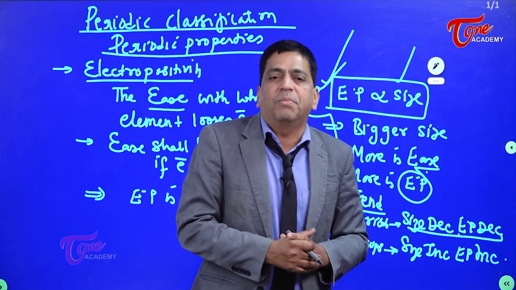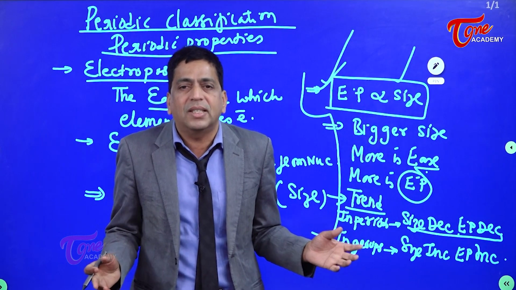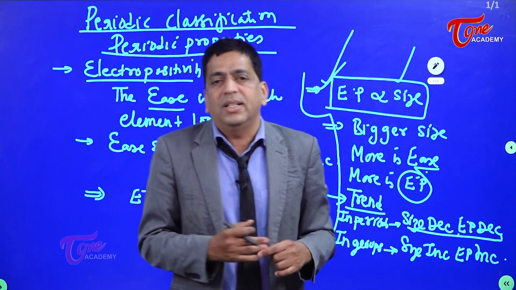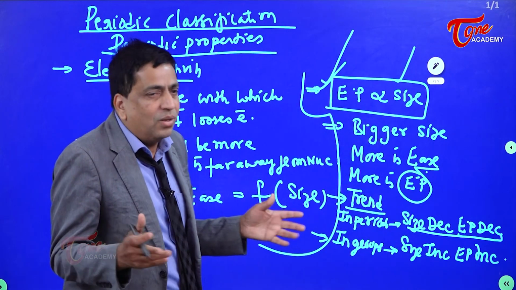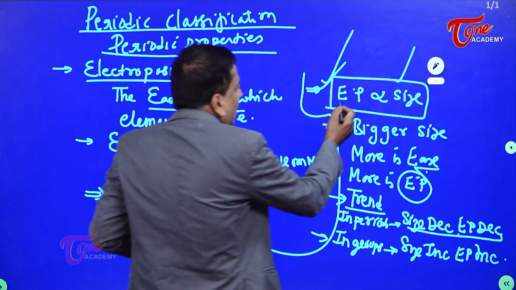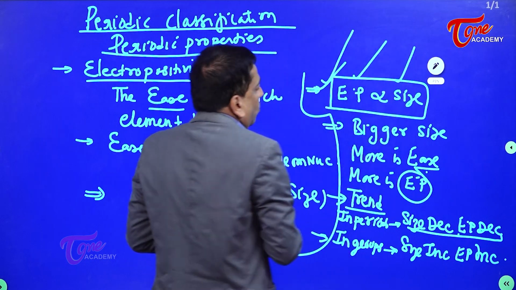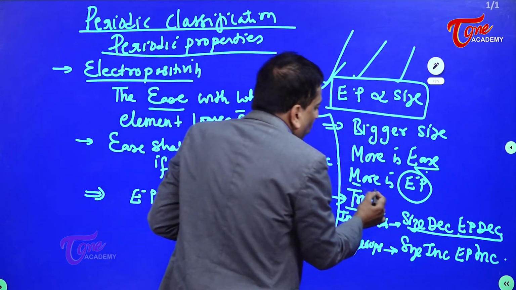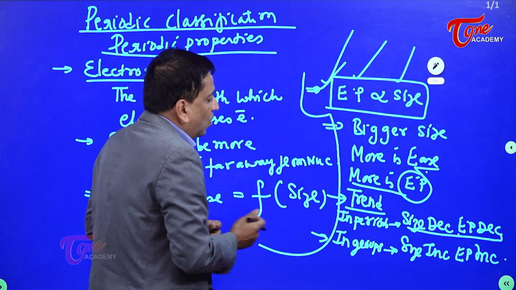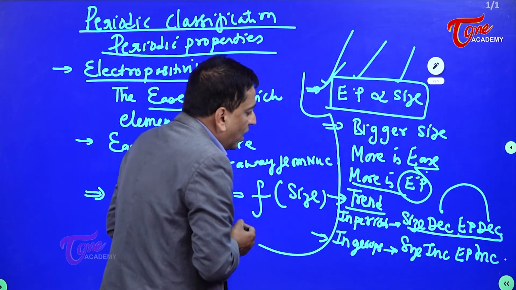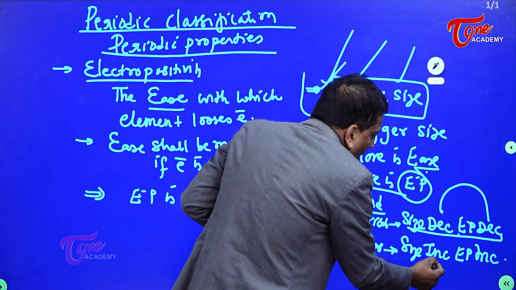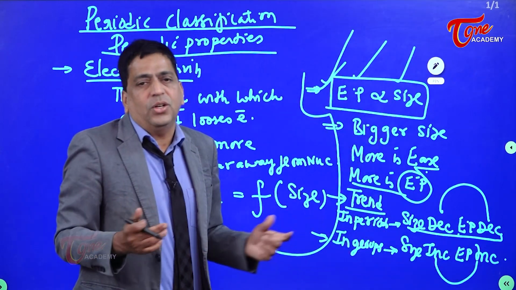I'm not surprised, because every property you will be discussing must be a function of size and nothing more than that. So electropositivity and size are directly related. Bigger the size, more is electropositivity. Similarly, in periods the size decreases, so electropositivity also decreases. In groups the size increases, so electropositivity also increases.